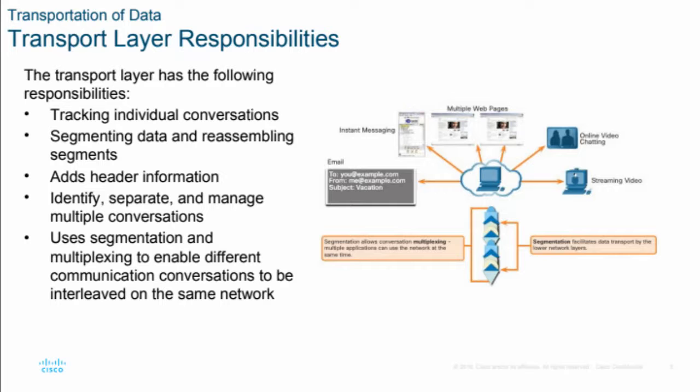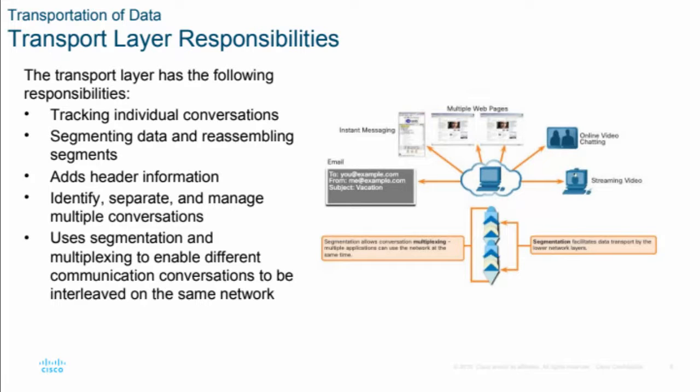Segmenting data and reassembling segments. It will divide the data into different segments, and when they arrive, it will reassemble them. It will add header information. It will identify, separate, and manage multiple conversations. It will use segmentation and multiplexing to enable different conversations to be interleaved on the same network.